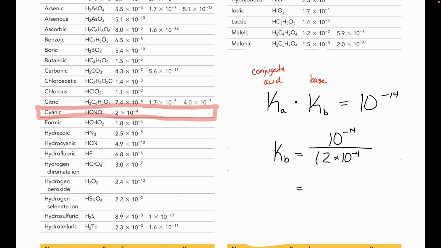I have to put this in parentheses or it's going to totally gunk up my order of operations. All right, so if you do this in your calculator correctly, we should get 5 times 10 to the negative 11. Teeny tiny number.